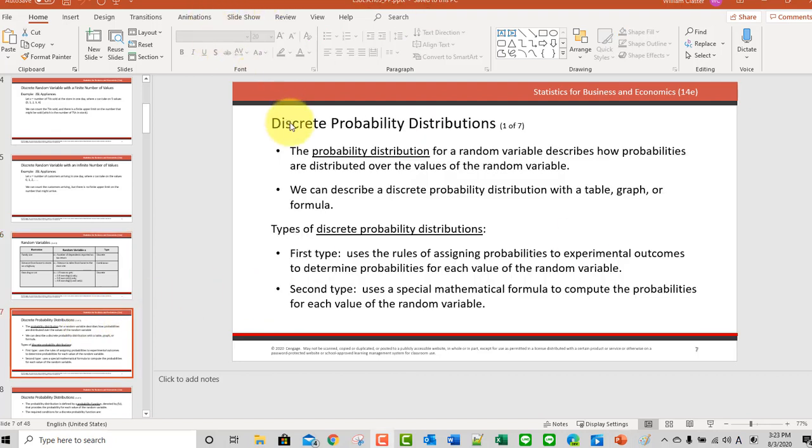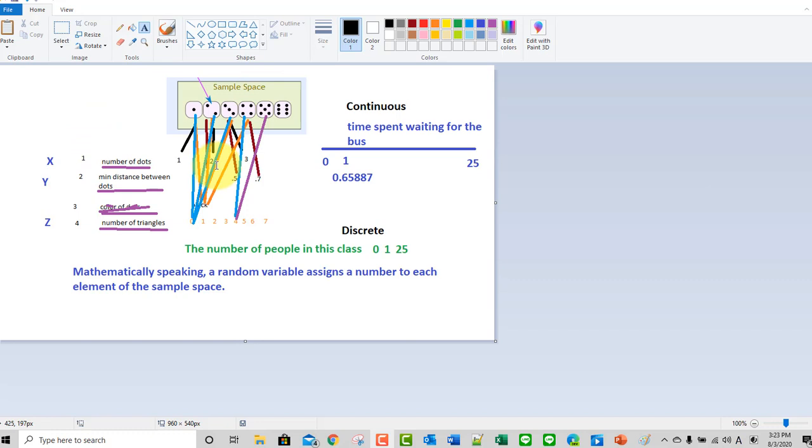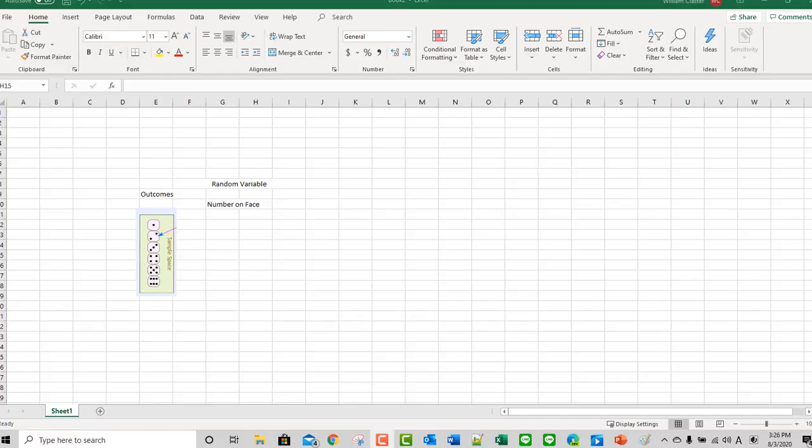Okay, so now we want to talk about the probability distribution for one of our random variables. So let's go back to the examples we had. So we had 3 of them here. And let's go to the first one. And let's make a table out of this. So these are the outcomes.